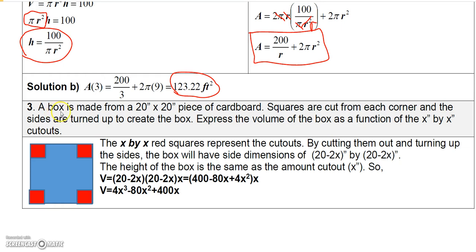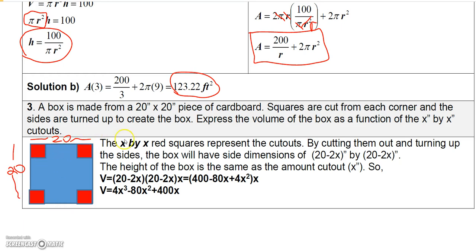Okay, the last example here says a box is made up of a 20 by 20 piece of cardboard. So we know that here the dimension from one end to the other is 20, and also the dimension here from top to bottom is 20.